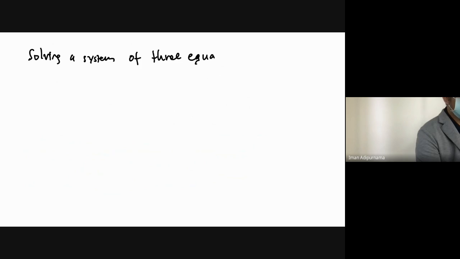So, solving a system, we start with three equations and three variables.